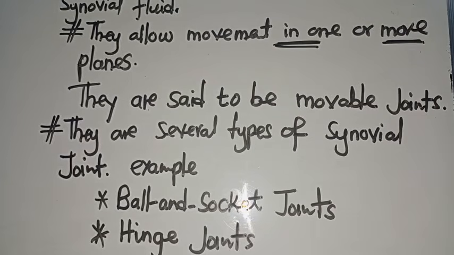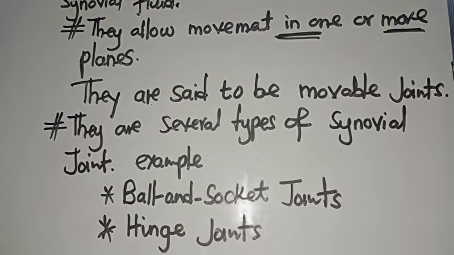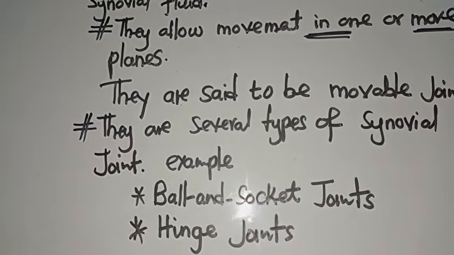So if we look at the examples of the types of synovial joints, we can consider the ball and socket joints, and we talk about hinge joints. I believe you people are able to follow even up to here, attending to this as well as writing the notes.